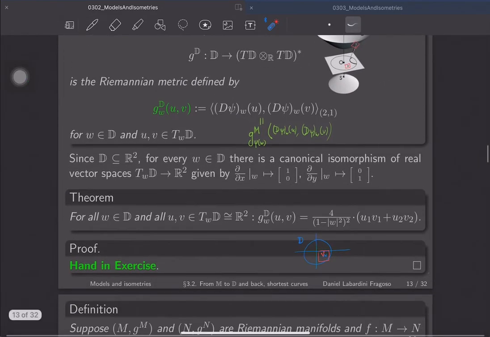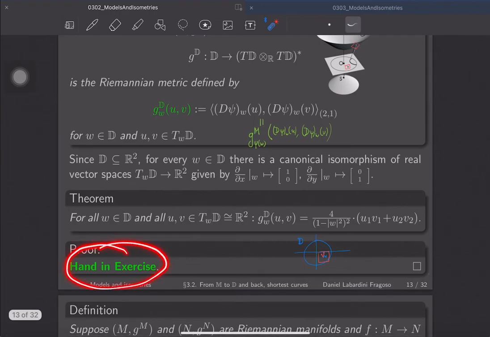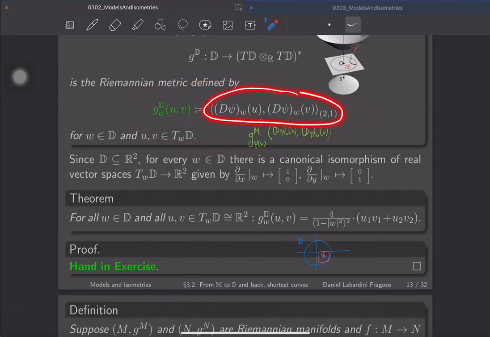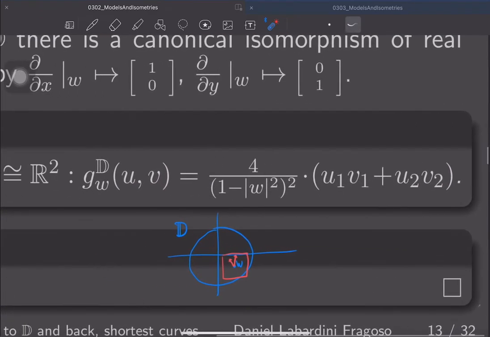Okay, and then as a handy exercise for next week is to check that under this definition, when one computes explicitly this, one has this formula, right? Which tells me something.